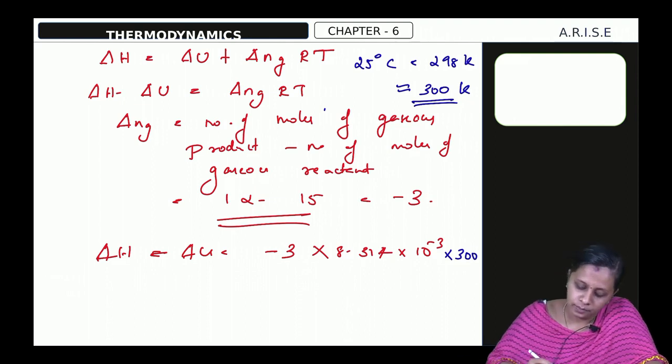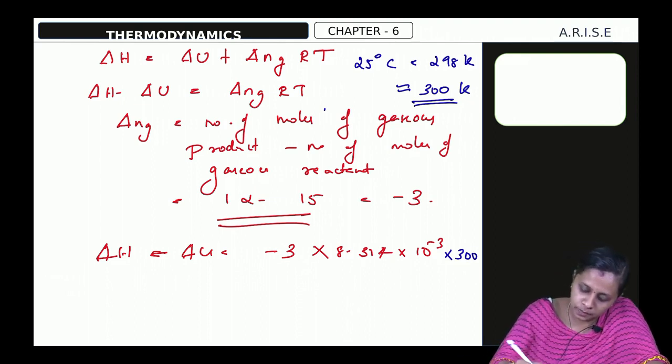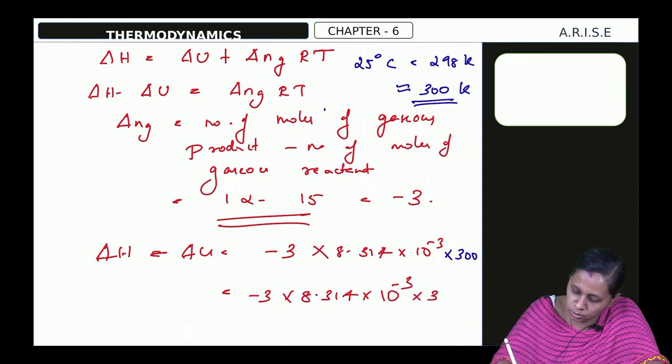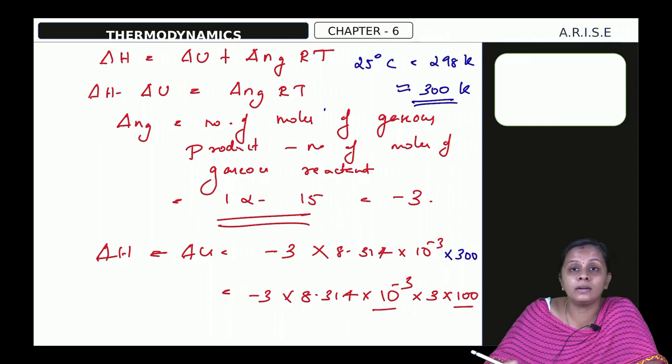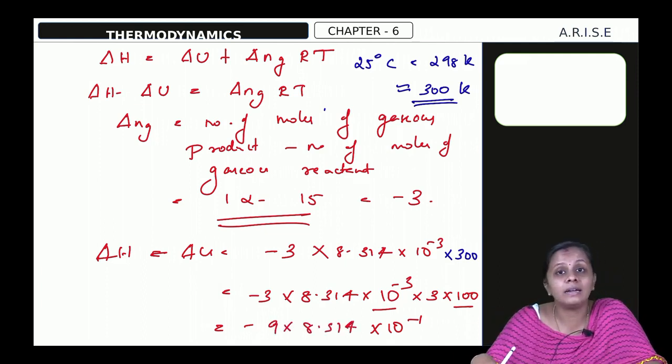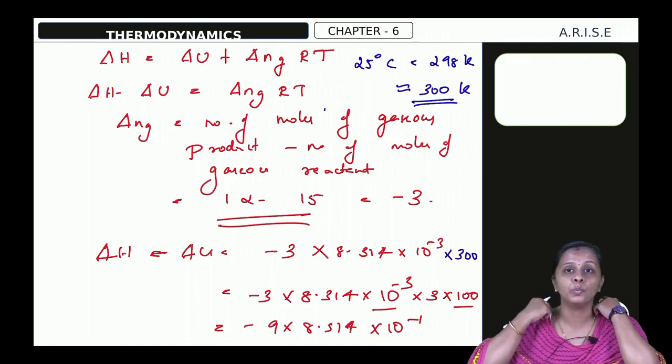Okay. So what will be the answer? Minus 3 into 8.314 into 10 raised to minus 3 into 3 into 100. 10 raised to minus 3 into 100 is 10 raised to minus 1, right? Minus 3 into 3, 9 into 8.314. What is 9 8s? 9 8s are 72.